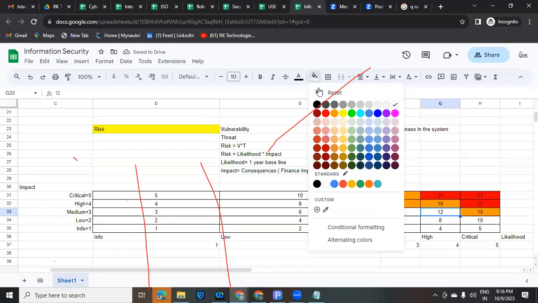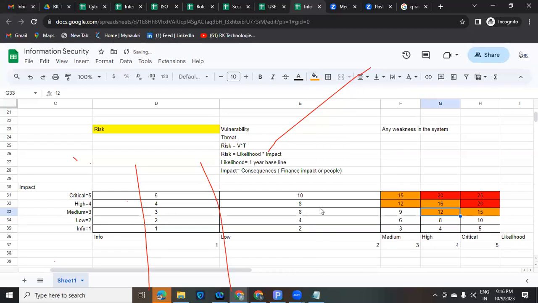What is this one, guys? 20. It's high. So first one is critical, next one is high, in between 12 to 20. 12 to 20 is our high, and 20 to 25 is critical.